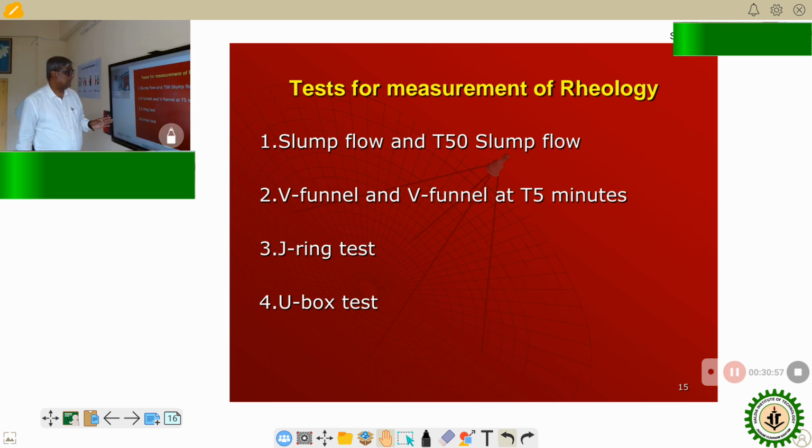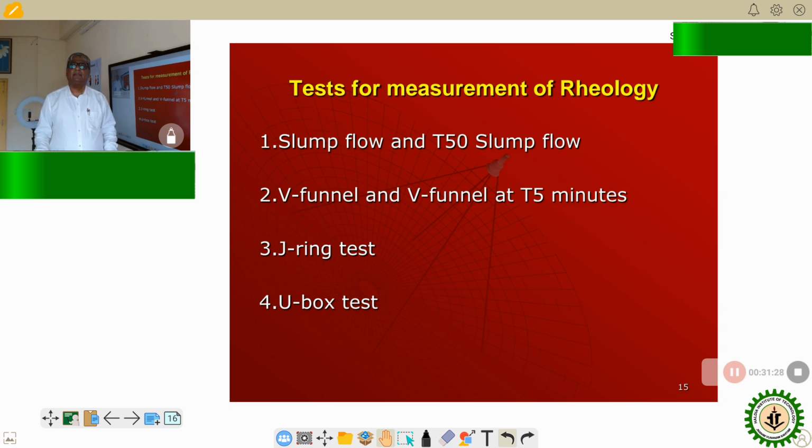Now, as you have already understood, this is just a concrete like water. No slump test is required because we are talking about almost liquid concrete. Now, naturally, when you will be able to declare that this is a self-compacting concrete, that is a very big question.